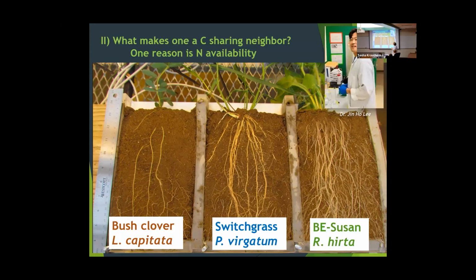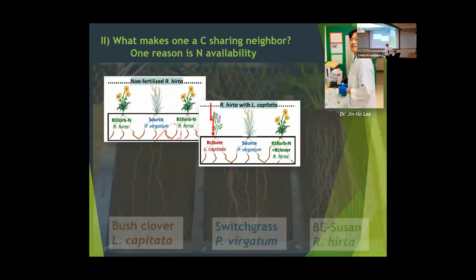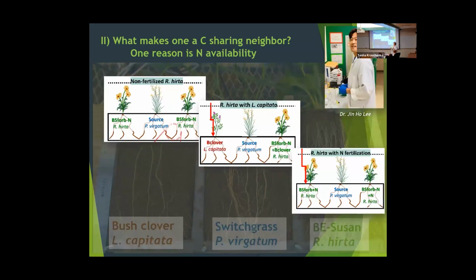Specifically to answer this nitrogen availability question, Jinho had 3 specific treatments in that overall giant experiment. In the study, switchgrass was the focal labeled plant in most of the treatments. In one treatment, black-eyed Susan was on both sides. In the other treatment, black-eyed Susan was on one side and bush clover on the other.